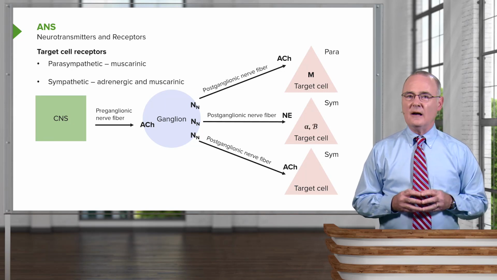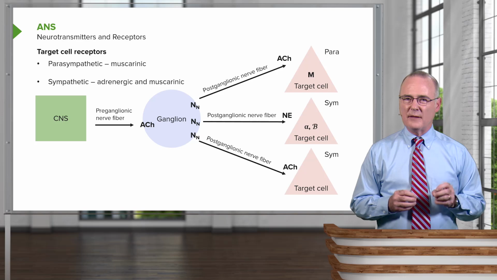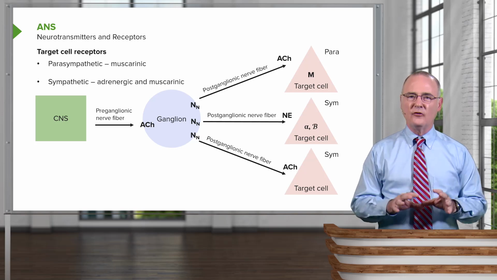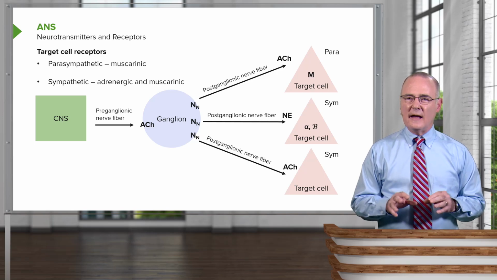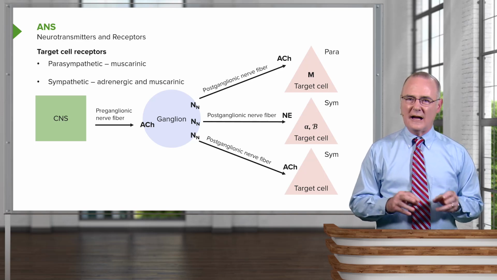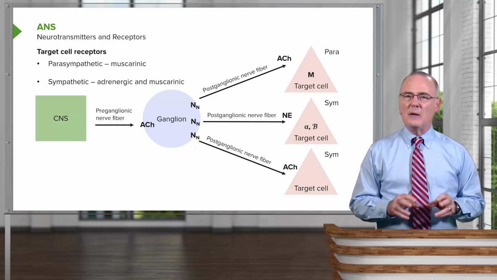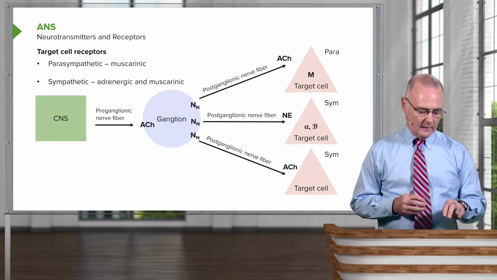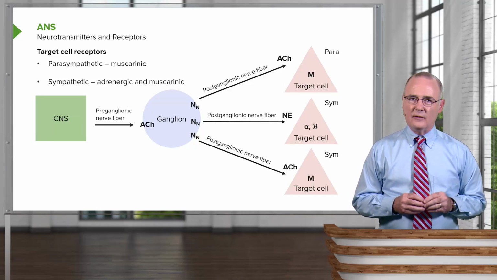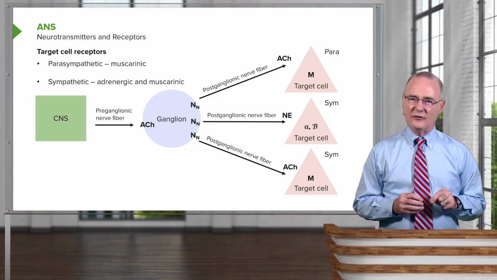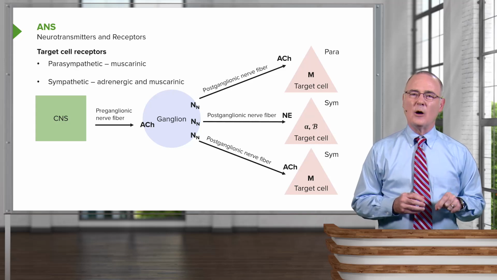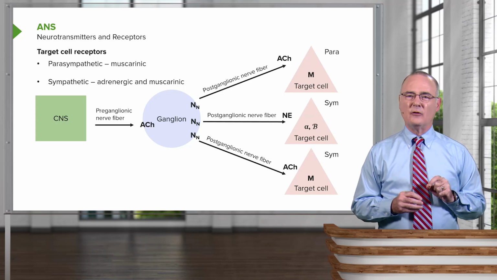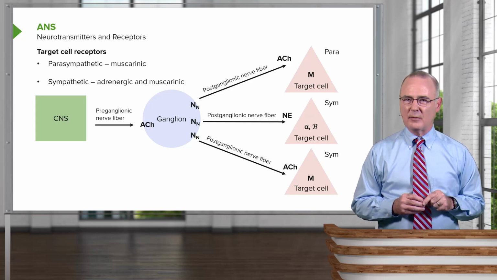In the case of the postganglionic sympathetic nerve fiber, again, this would be most of them, with norepinephrine being released, the target cell will have adrenergic receptors, alpha or beta, or may have a combination of both. In the case of the sympathetic postganglionic nerve fiber releasing acetylcholine, that target cell will also have the same receptor, the muscarinic receptor, as did the parasympathetic target cell.